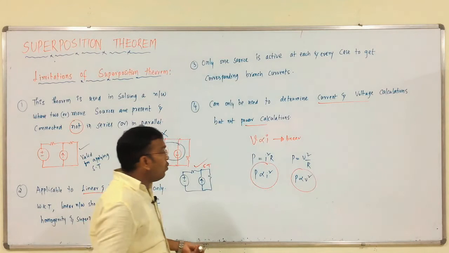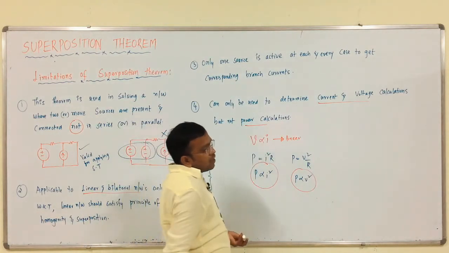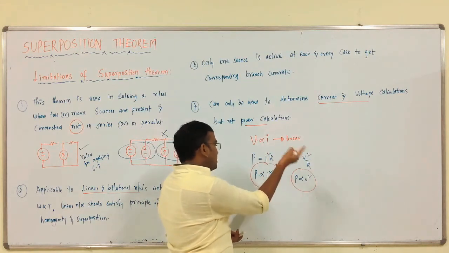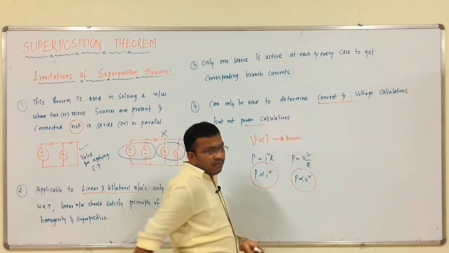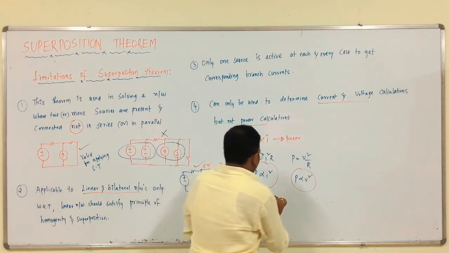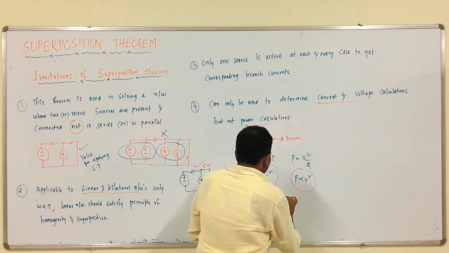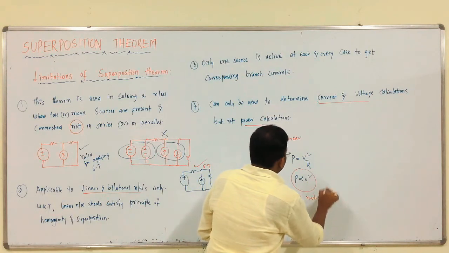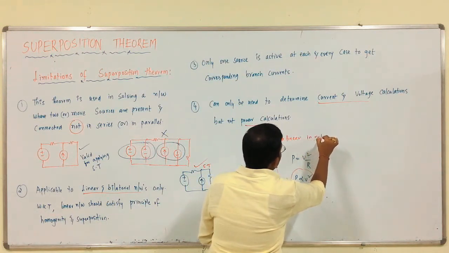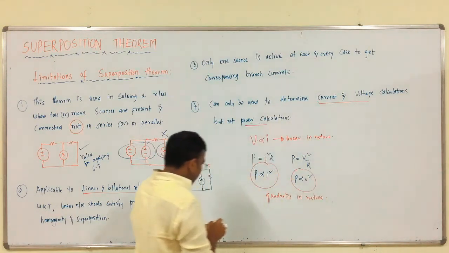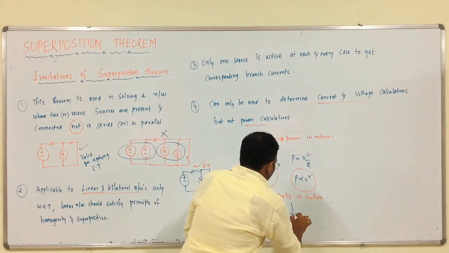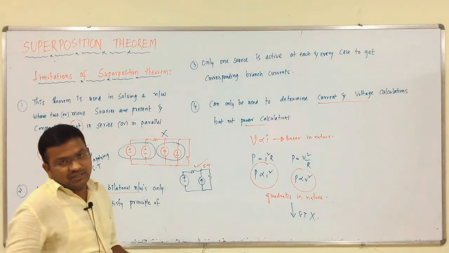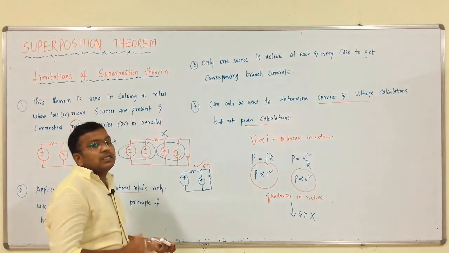The relation between voltage and current is linear, V proportional to I or I proportional to V, but coming to power, it is proportional to I square, it is proportional to V square. So, this is quadratic in nature, right? Quadratic in nature. This is linear in nature. That is why superposition theorem is not applicable for power calculations. So, these are the limitations of superposition theorem.